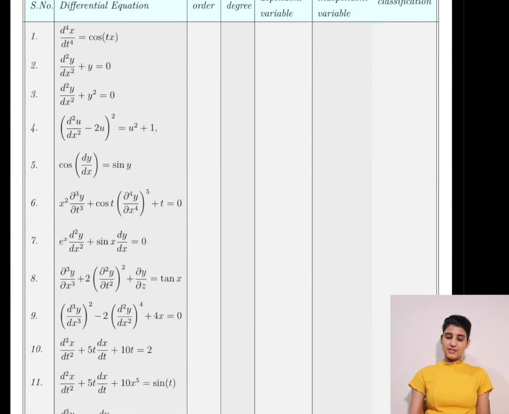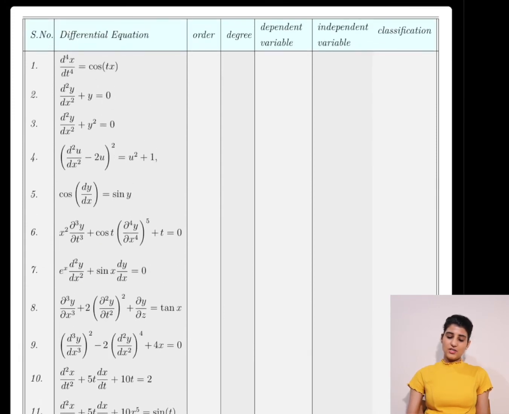So here is the list. We are going to figure out the order, degree, the dependent and independent variables, and we will classify if it's linear, non-linear, everything. Okay, let's start one by one. Here we have the fourth derivative involved. So the order is 4.